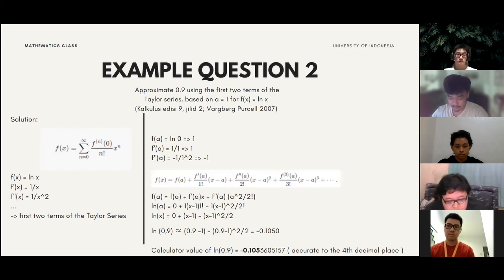We place them in the polynomial Taylor series formula, and then we get ln of 0.9 is equal to 0.1050, which is accurate to the fourth decimal place of the calculated value of ln 0.9, which is close enough, although it won't be as perfect as the calculated value.